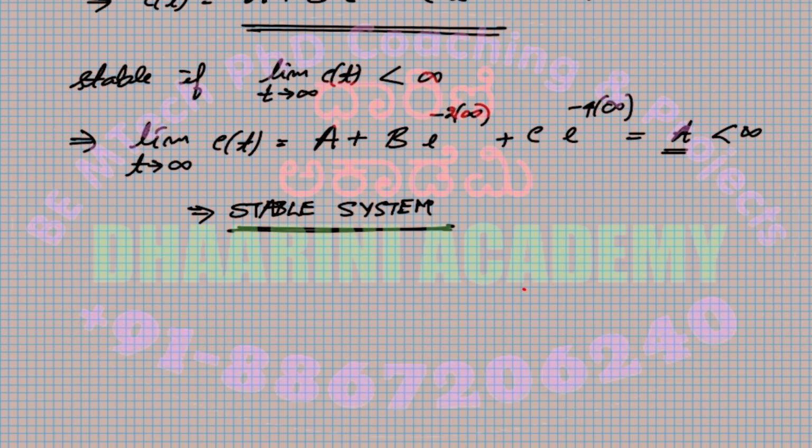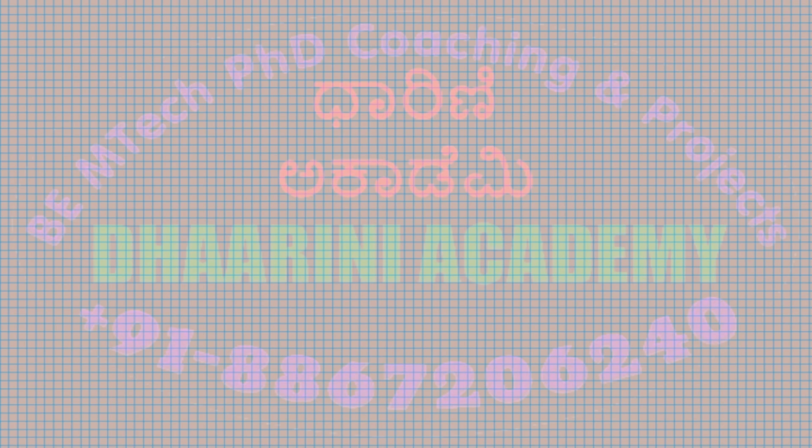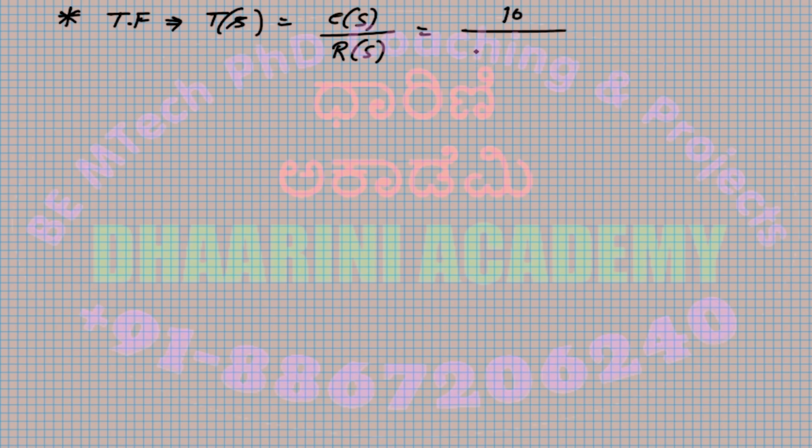Now let's take another case. So this is example number 2. Let us say that there is a system with the transfer function denoted by T of S, which is output C of S divided by the input R of S, given by, let us assume, 10 divided by S minus 2 into S minus 4.